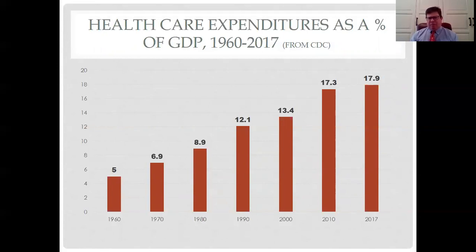I provide that in percentage of GDP because the sheer amount of money doesn't make any sense unless you think about it relative to the overall economy. And we see that basically it has tripled in recent decades, and that it makes it very expensive.